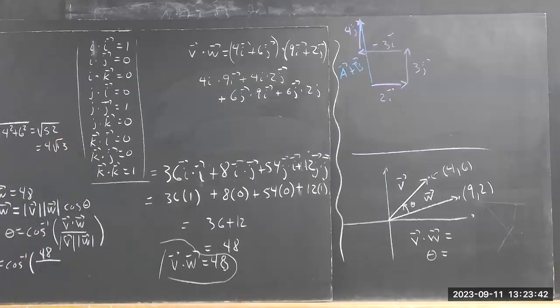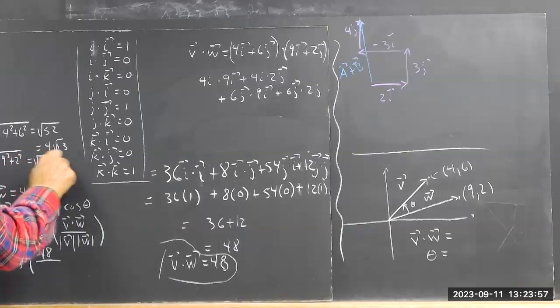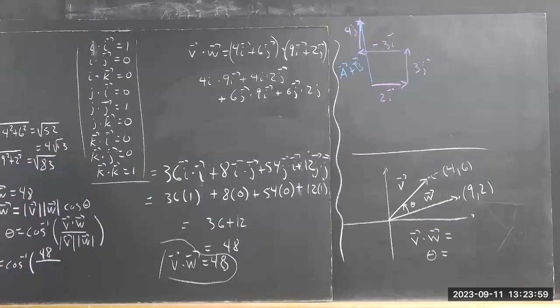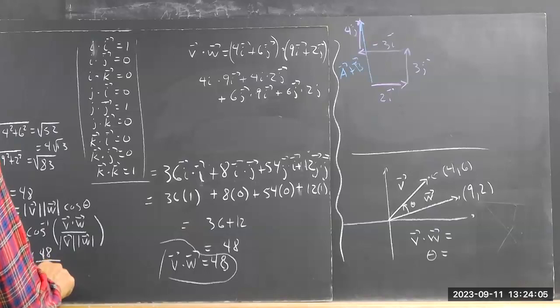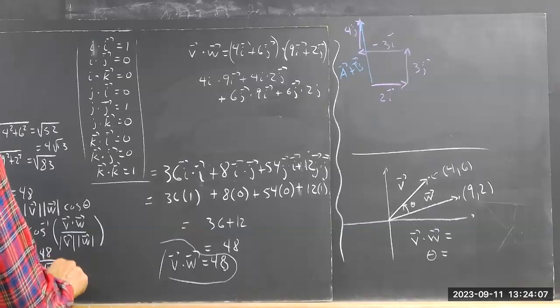Check my arithmetic. And it's wrong. No, it's 16 and 36. Okay. So 48 over 4 square root of 13 square root of 83.